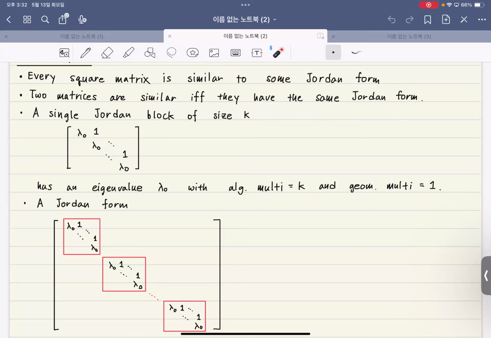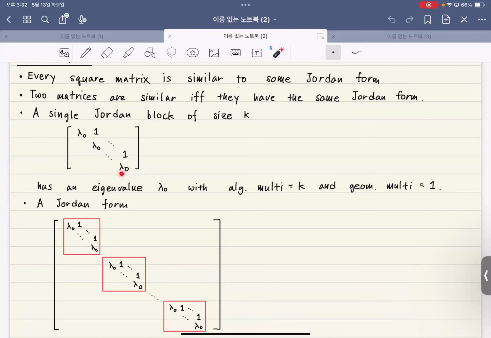Also, there's a very important thing to point out. For this Jordan block, there is only one eigenvalue, which is lambda zero, and its algebraic multiplicity is K. If you can trust me, just try to compute the characteristic polynomial of this matrix.